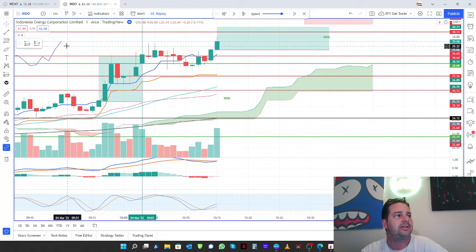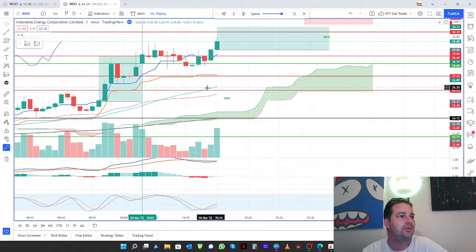And you see that your IchiMoku is all set up. You've got your cloud here in the front, green, and it's quite wide. You have the price action above the VWAP. You have your moving averages for the IchiMoku. The blue is above the orange. And then your lagging indicators clear of all your price action.